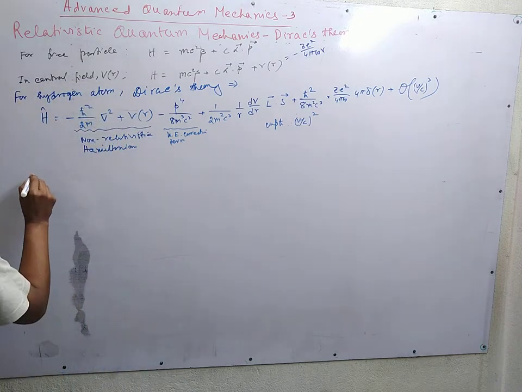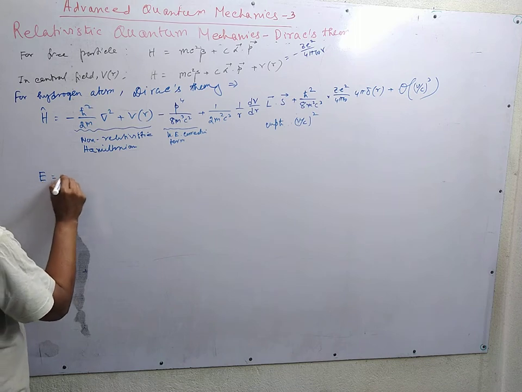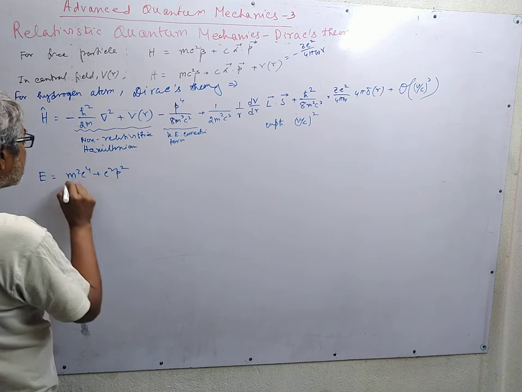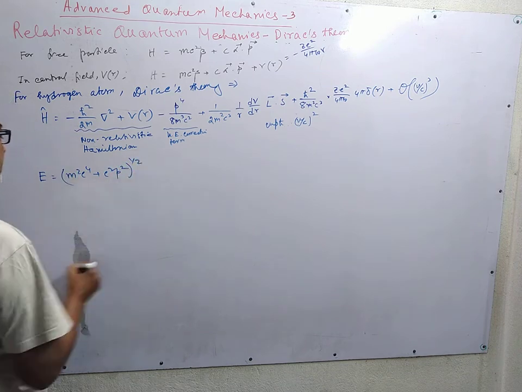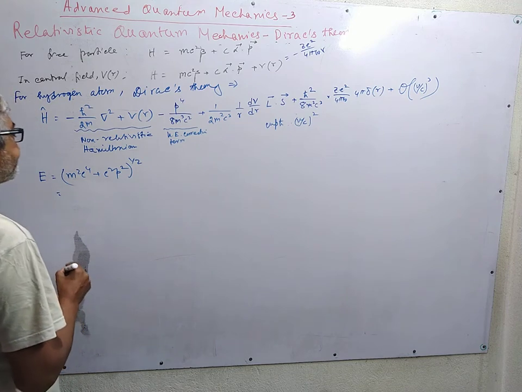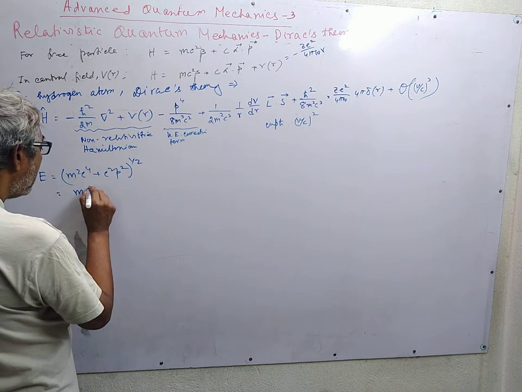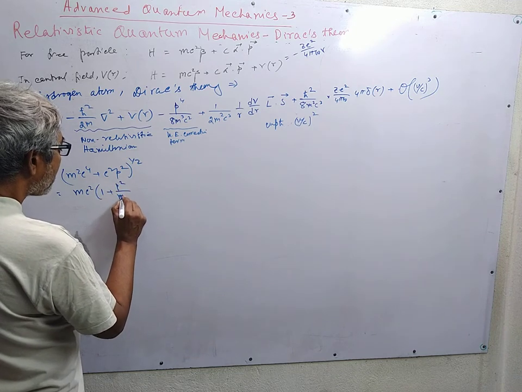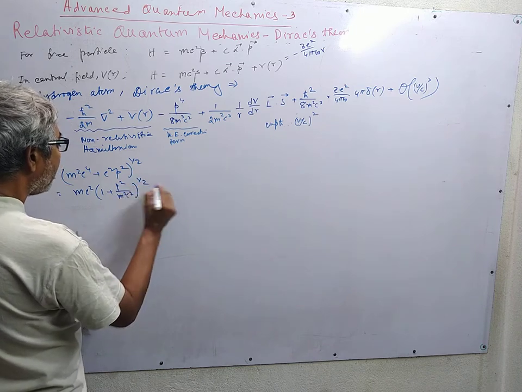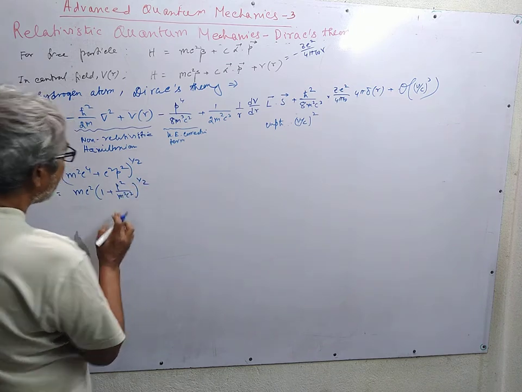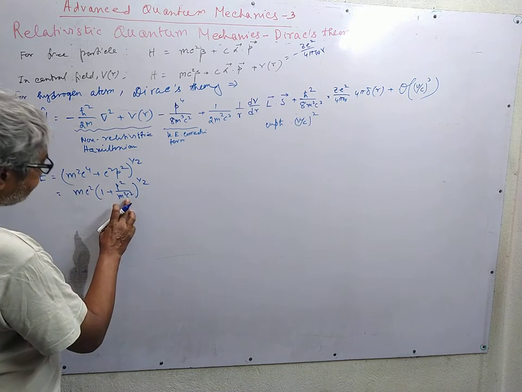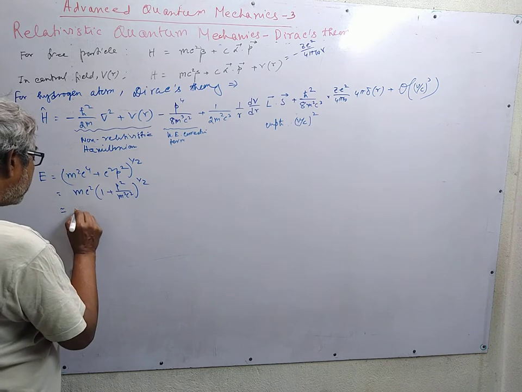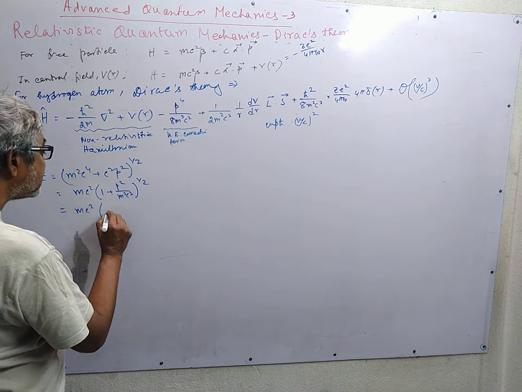We know that the energy of a particle is given by m square c to the power 4 plus c square p square, to the power half, as per relativity. We write it, taking mc square common, as mc square times one plus p square by m square c square, to the power half. This part is much smaller than 1, so we expand it binomially and retain only the first 3 terms.